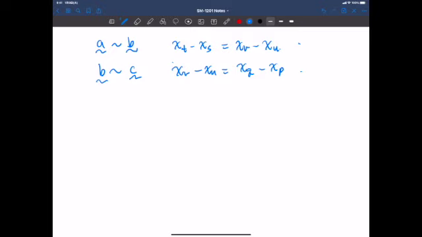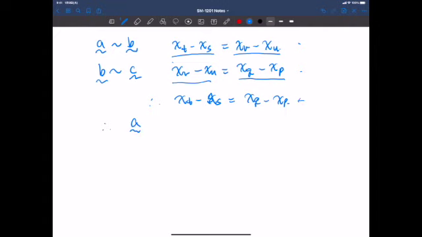So from these two equations, xt minus xs is equal to xv minus xu, which is equal to xq minus xp. Therefore, of course, xt minus xs is equal to xq minus xp. And of course the same is true for the y coordinate, so A is related to C. Therefore, this relation between arrows is an equivalence relation.